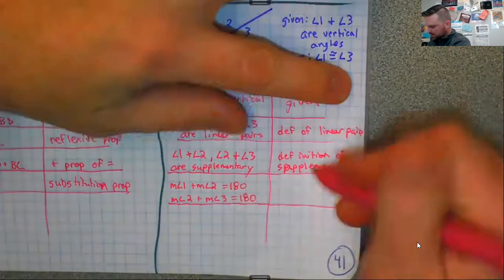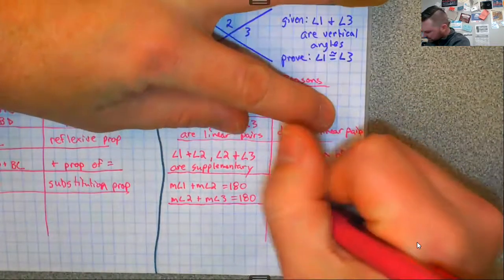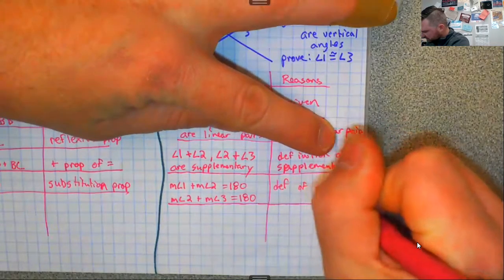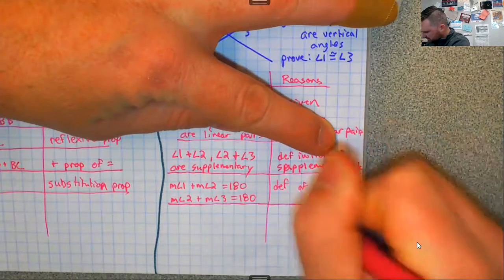We can use the same definition because we're just saying the same thing. So definition of supplementary angles.